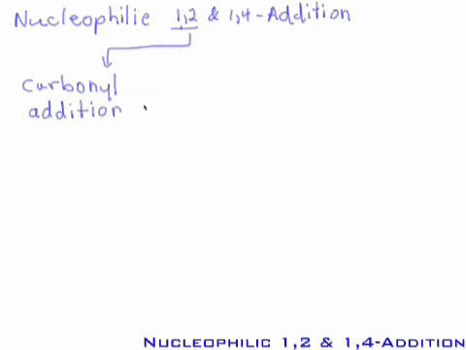If we do 1,4 addition, 1,4 is often called conjugate addition, because you're attacking a carbon off a conjugated double bond.